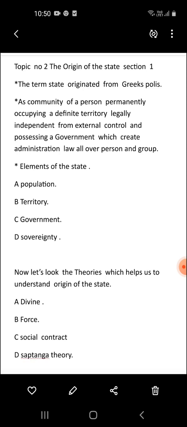To create a society, we need some kind of political institution, which includes rules, regulations, and law, which help us to live a happy life. Hence, the concept of political institution came into existence, and Aristotle said that man is both a political and social animal.